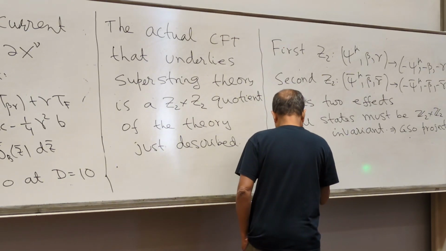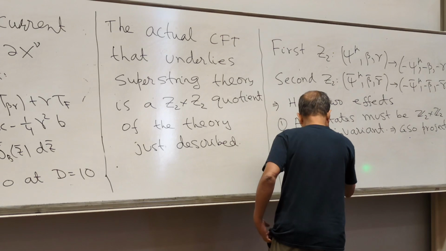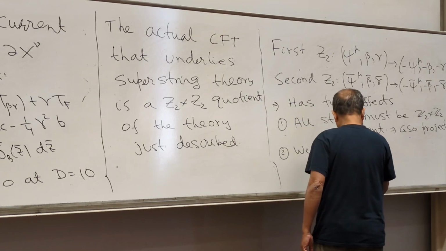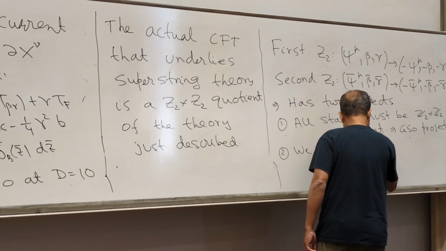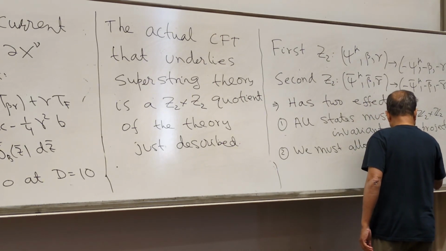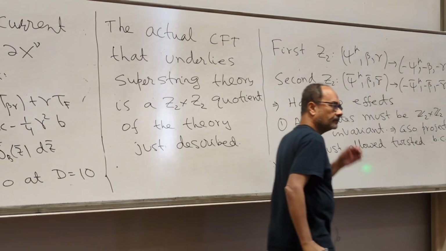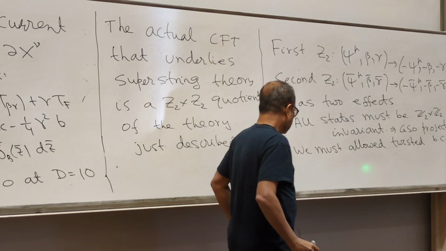The second is that we must allow twisted boundary conditions. What does that mean?